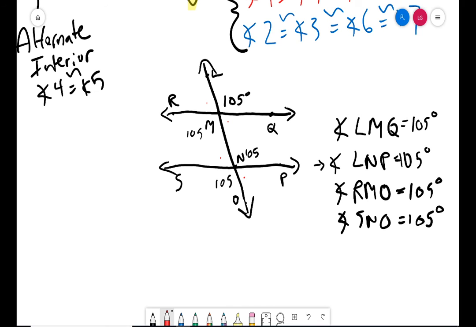The real question is, what is its angle measure? Well, this again falls back on the idea of supplemental angles. 105 plus a red dot is 180. So it must be 75. And then for the same types of reasons as we just found for all those 105s, all of these are 75.